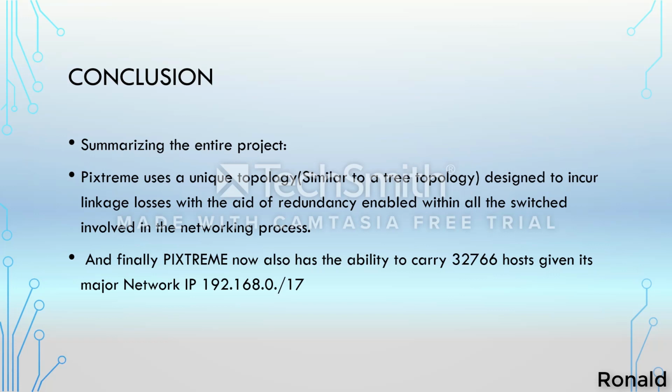Let me summarize by saying that PIXTREME departmental store will have no sort of obstacles or barriers coming further in its network implementation in its store or building, because we have designed a network in which 32,766 hosts can be given space within a major network IP of 192.168.0 with a subnet IP of 17.